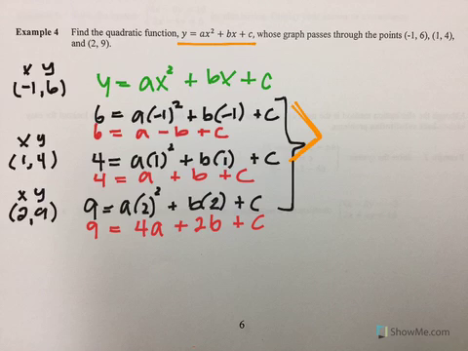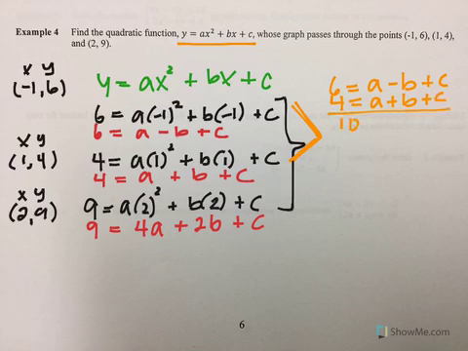So that's going to be, add these 2 equations together. 6 equals a minus b plus c, and 4 equals a plus b plus c. And I get 10 equals 2a plus 2c, or 5 equals a plus c. Then I can pull these 2 equations together.